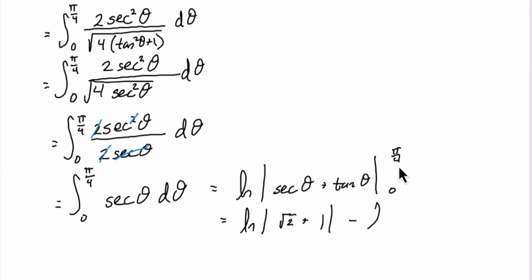Then we need to subtract the lower limit. Secant of 0 is 1 plus the tangent of 0 is 0. Finally, we get the natural log of the absolute value of square root of 2 plus 1, since the natural log of 1 is just zero.